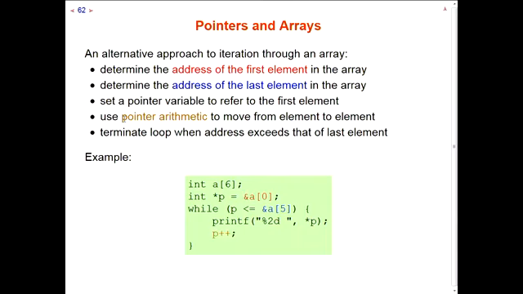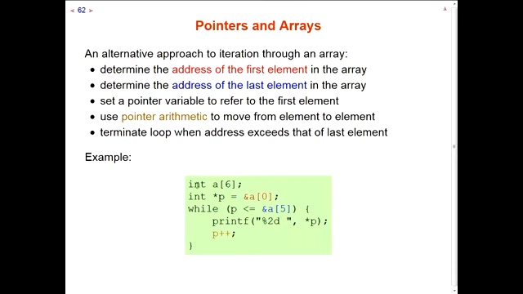That requires so-called pointer arithmetic, which allows you to very easily move from element to element. And you would terminate the loop when the address exceeds the address of the last element.